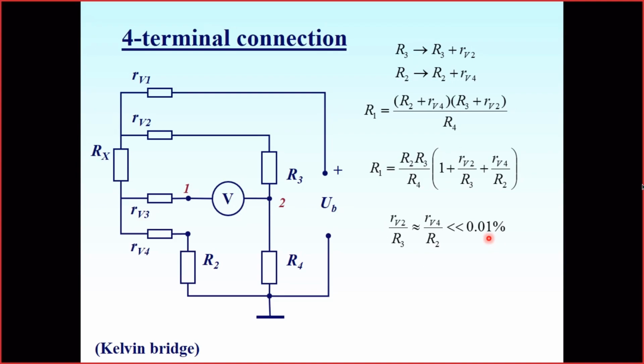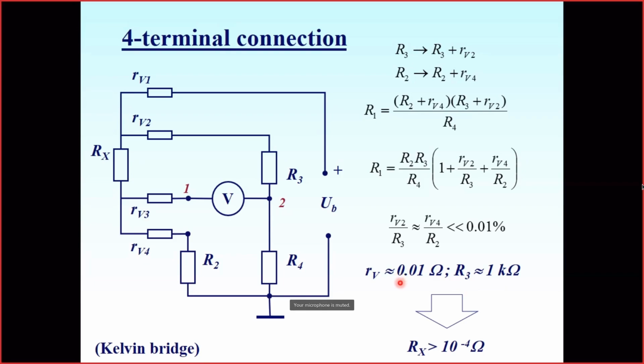And if I set such a requirement, bearing in mind that a normal convenient value, for instance for R3, R2, may be about 1 kilo ohm, and the resistance of wires is about 0.01 ohm, I find that in such a connection I may accurately measure resistances down to 10 to the power of minus 4.